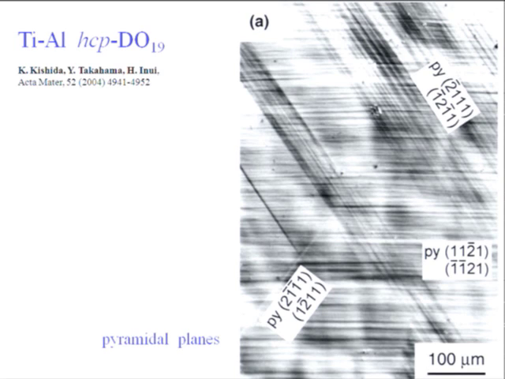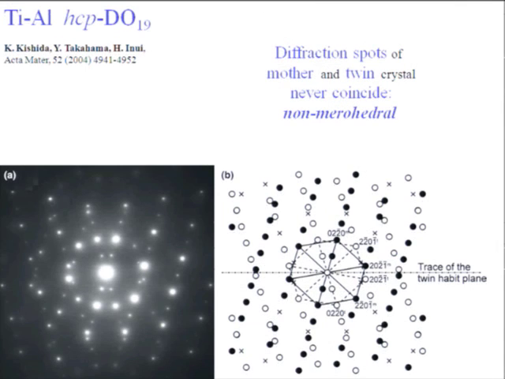This is another optical micrograph taken from the same paper, showing very beautifully the pyramidal plane, which plays an important role in twinning in hexagonal metals. There is an important difference between twinning or faulting on the close-packed planes and twinning on other planes like the pyramidal planes in hexagonal materials.